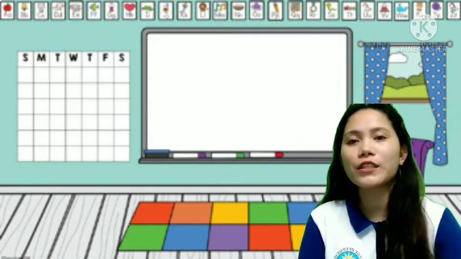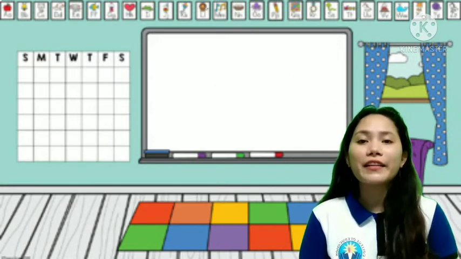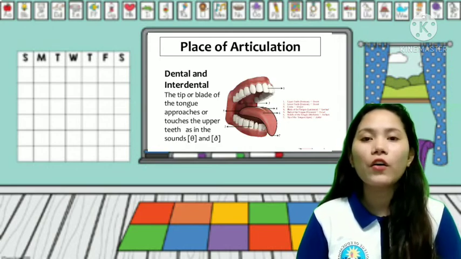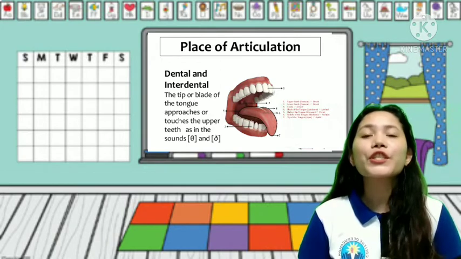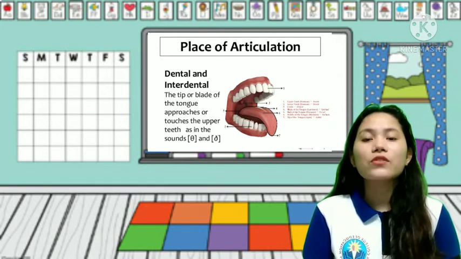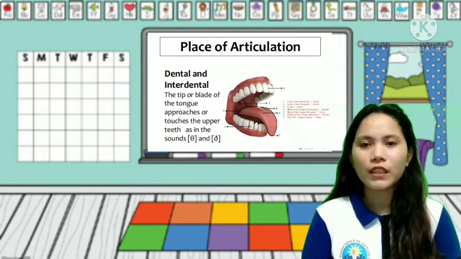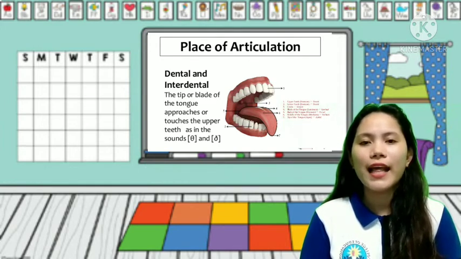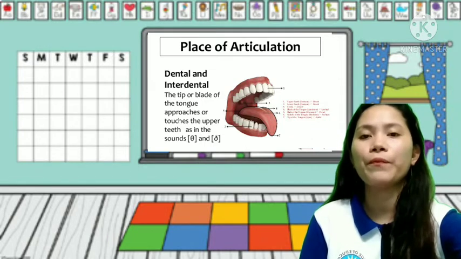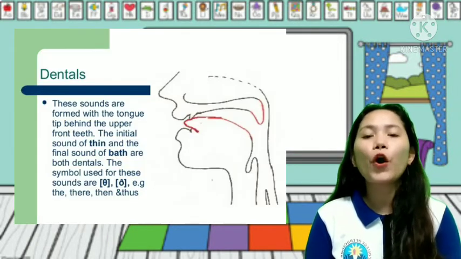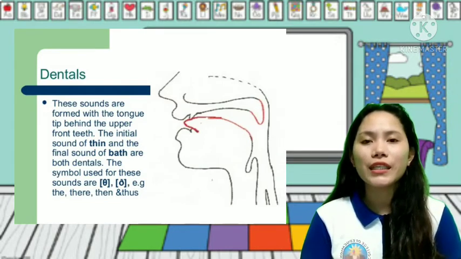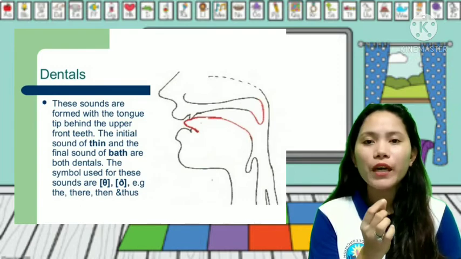Okay, so let's proceed to dental and interdental. The tip or blade of the tongue approaches or touches the upper teeth. These sounds are formed with the tongue tip behind the upper teeth, so the tip of your tongue will be behind your upper teeth.